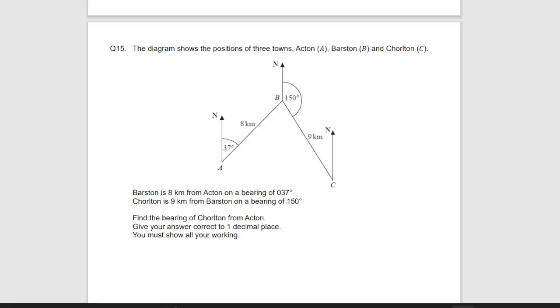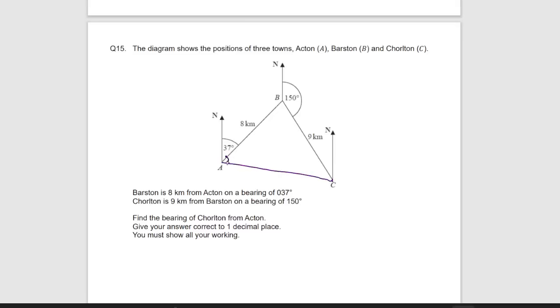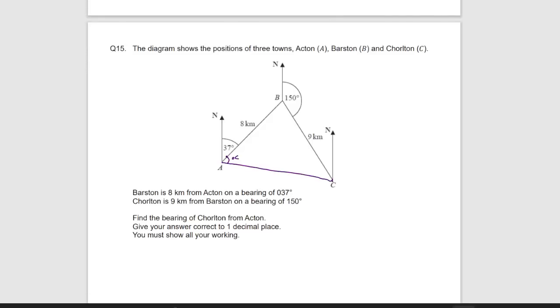So I want this. I'm going to add that to my diagram. So I want this angle here. So I'm going to call that X for now. Okay, so how am I going to go about doing that?